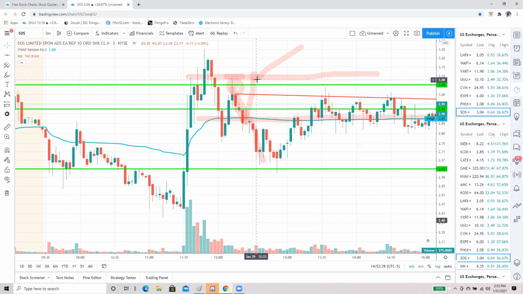So as a short, I'm hitting sell, and for me to get out of position, I'm hitting buy. I'm doing the complete inverse. Like, I want to buy SOS at $2.63, so I hit buy, and I'm in the stock. And when I'm happy, I hit sell and I get out of position. But for me as a short, I hit sell here and I hit buy here.